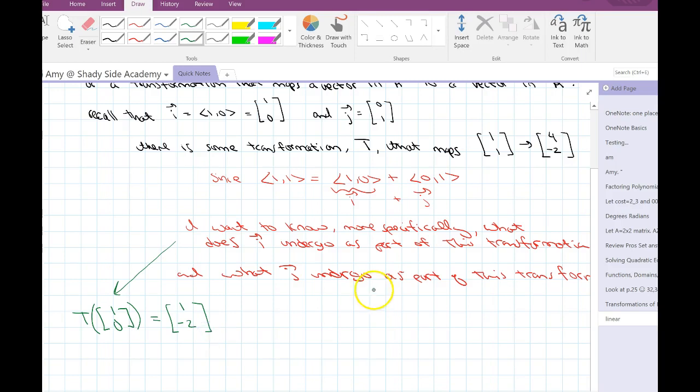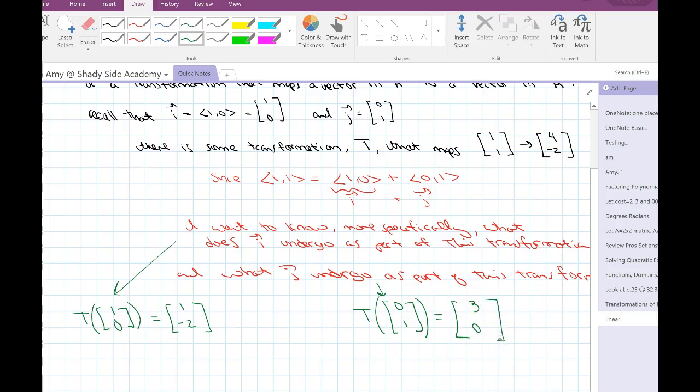And when I apply this transformation to the vector (0, 1), the effect of this transformation on the vector j is (3, 0).